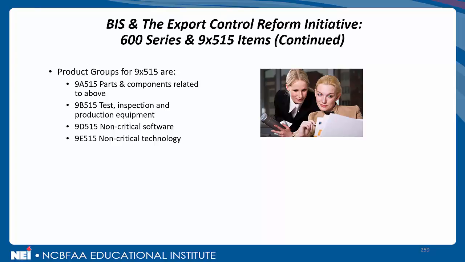B, test, inspection, and production equipment, so that 9B515, by definition, would have to be test, inspection, and production equipment. D is software, 9D515, non-critical software. And E is technology, 9E515, in this instance, non-critical technology. So just a tie-in with some of the previous subjects that we've discussed.